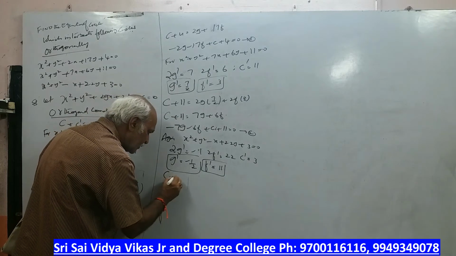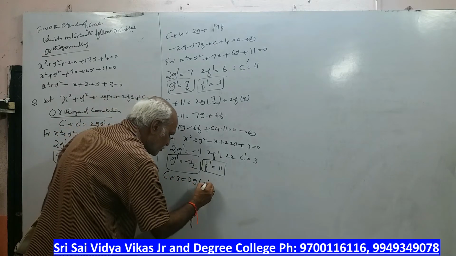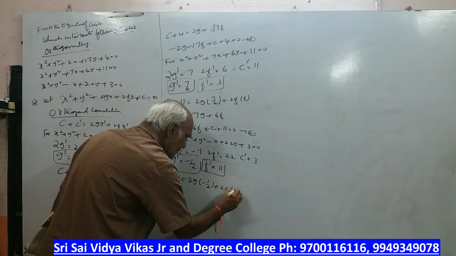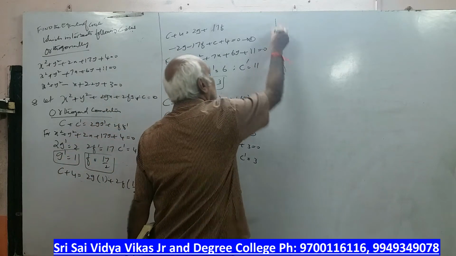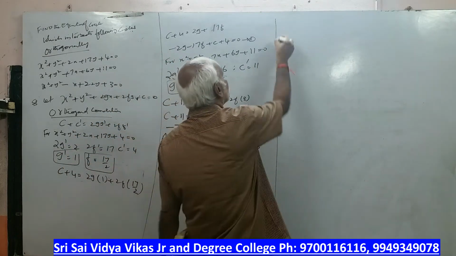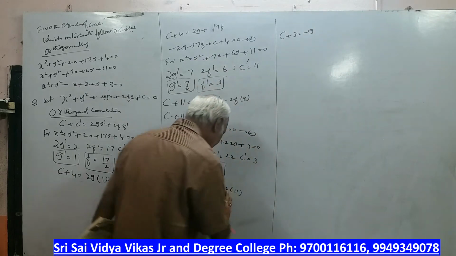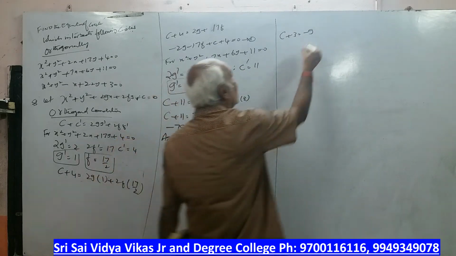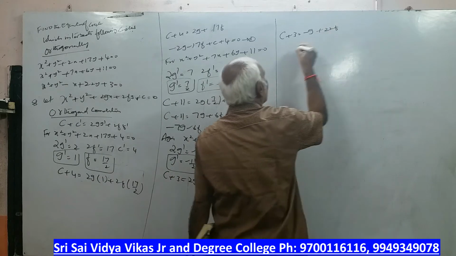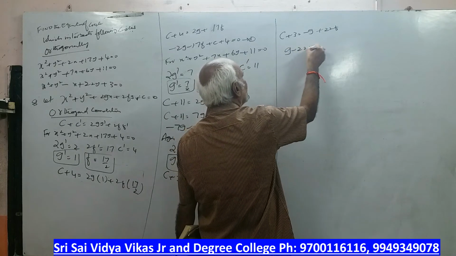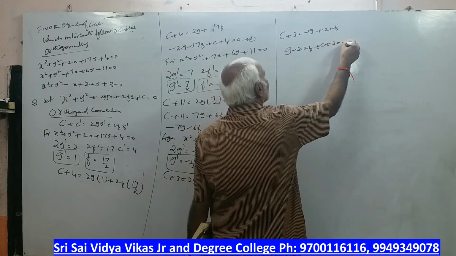Therefore, c plus 3 is equal to 2g into minus 1 by 2, 2f into 11. So this becomes minus g, 2 will get cancelled. This will be 22f. So g minus 22f plus c plus 3 is equal to 0.